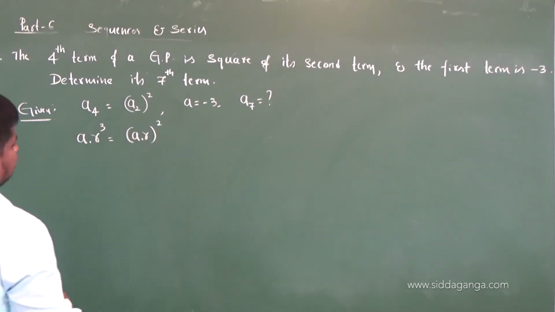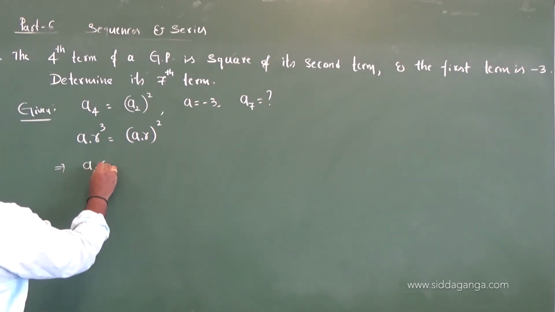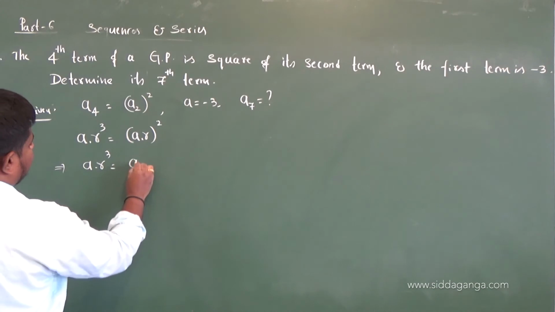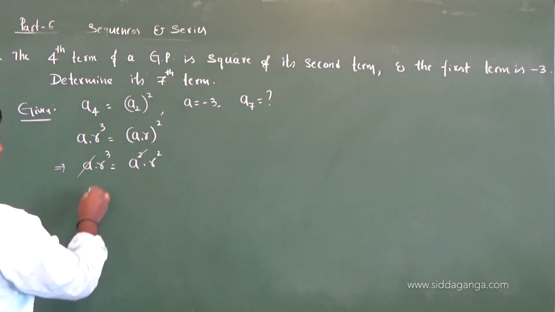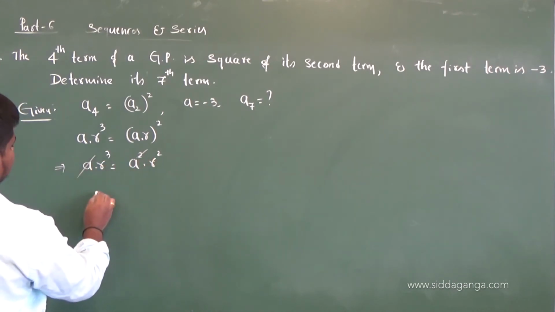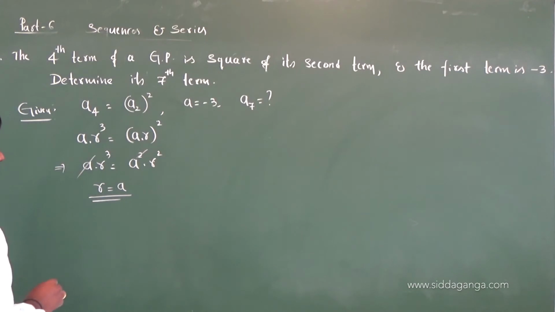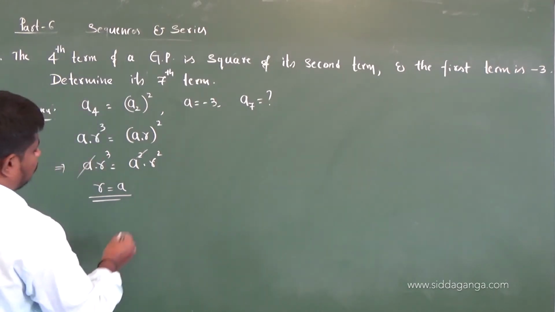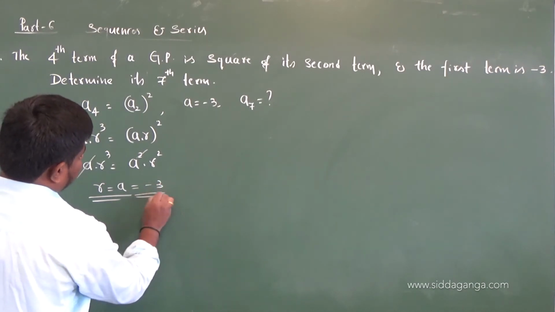Now this gives what? A into R cube is equal to A square into R square. So A gets cancelled, R square gets cancelled. The remaining thing is R is equal to A. You mean both the first term and the common ratio become equal to minus 3, because the first term is given.